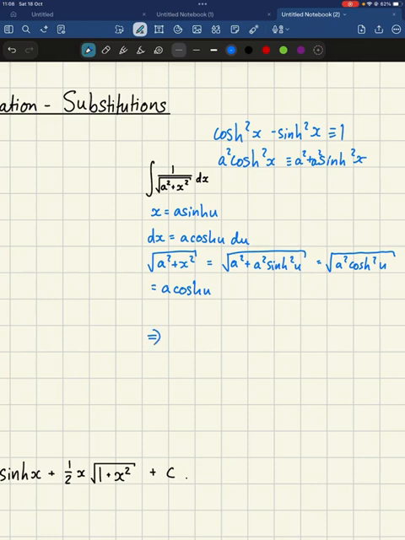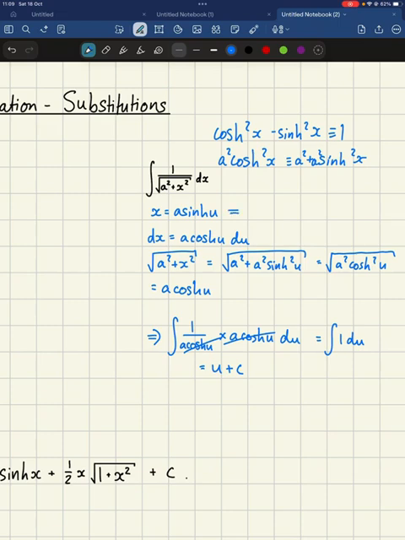So our integral over here becomes 1 over a cosh u multiplied by dx, which is a cosh u du. So that and that cancel, so we're left with the integral again of 1 du, which is just u plus c.